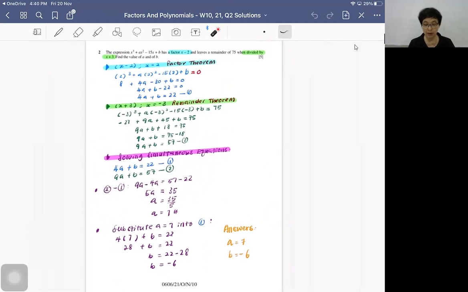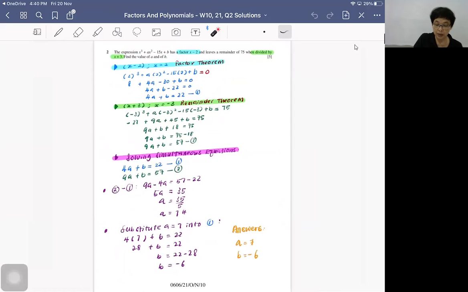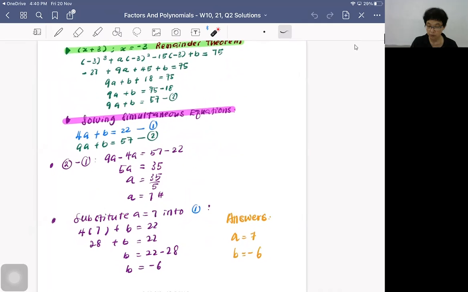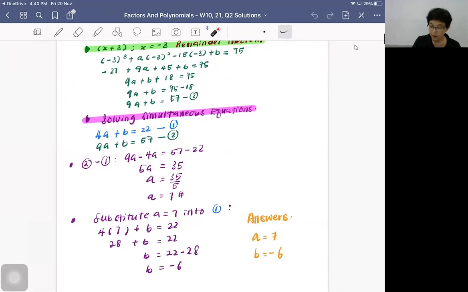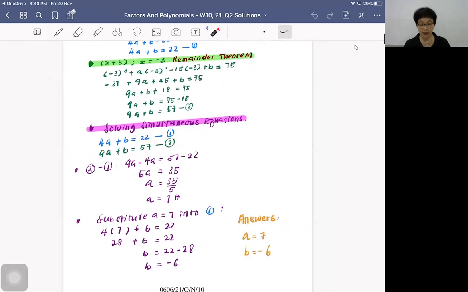With that, we have successfully accomplished the assignment given to us. Find the value of a and of b: a is positive 7, b is negative 6, and that's all.